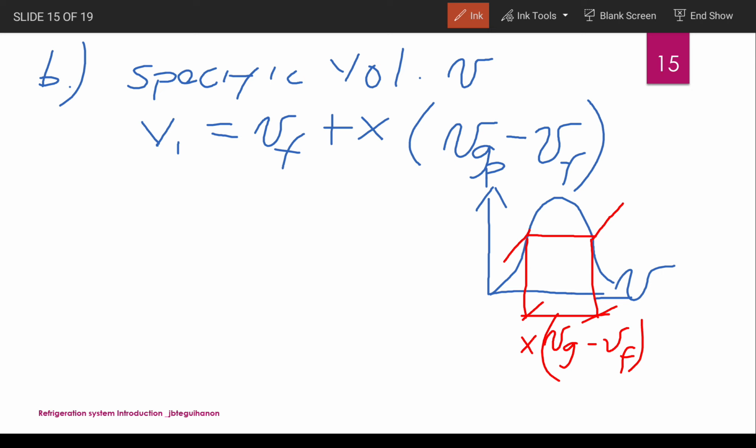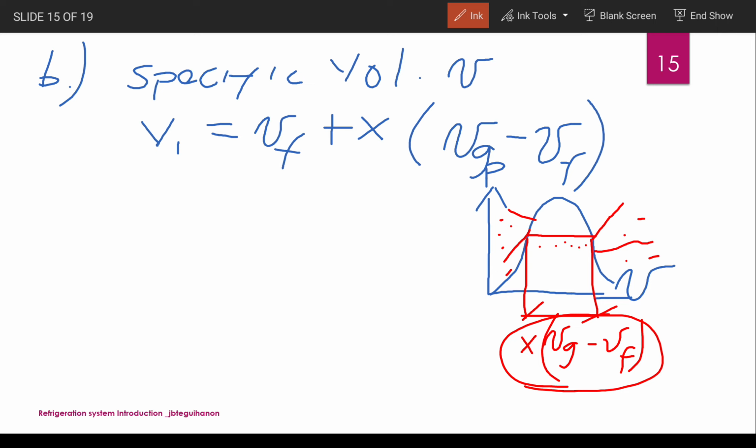This is just a review. Because this is the saturated vapor line and this is the saturated liquid line, in between you will have this expression. This is the liquid region, and this is the vapor region.